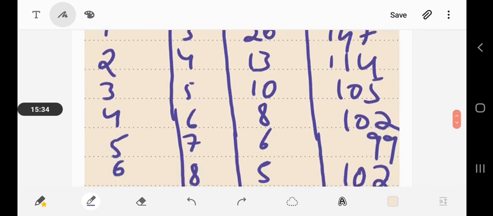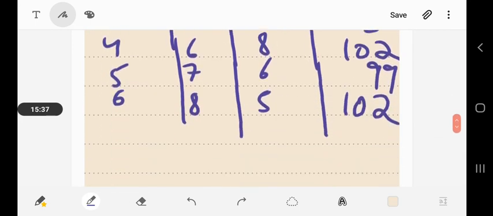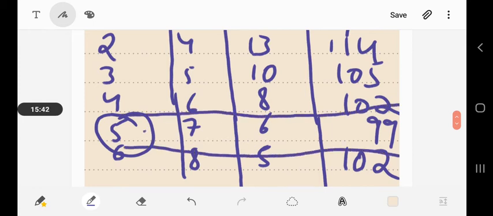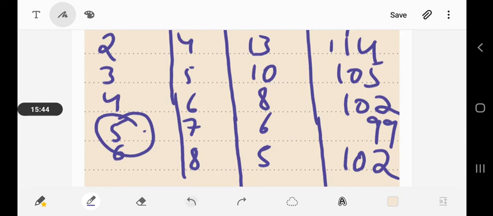Of all these combinations, the least is combination 5, that is 99 rupees. The least total cost of producing various other quantities can be determined in a similar way.